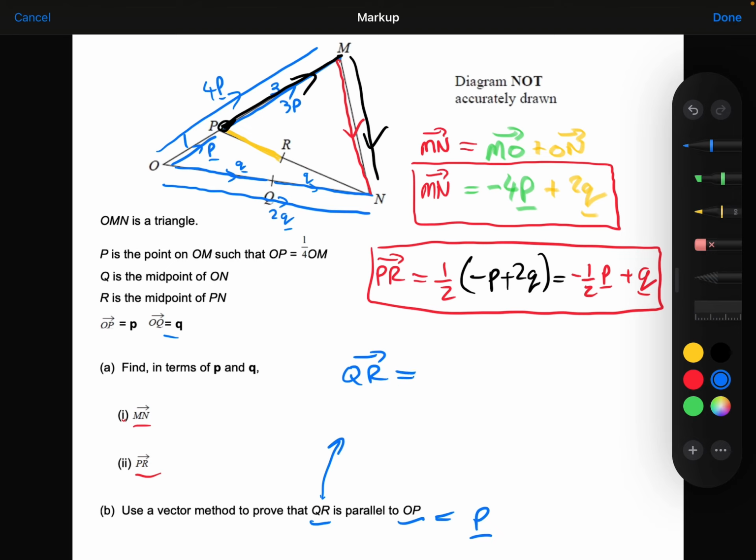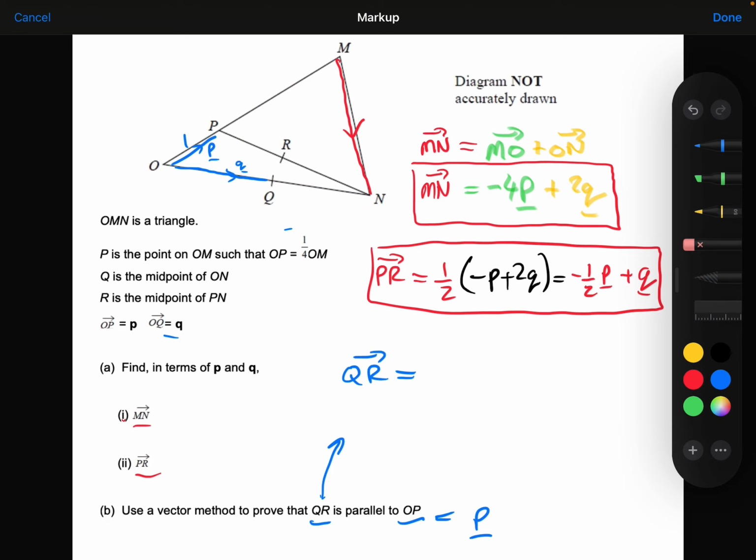So QR. To do that, let's mark that onto my diagram. Again, let me just tidy up my diagram a little bit. So Q to R is this vector.